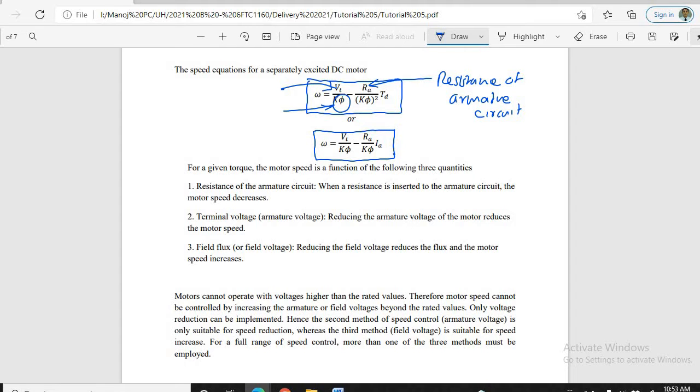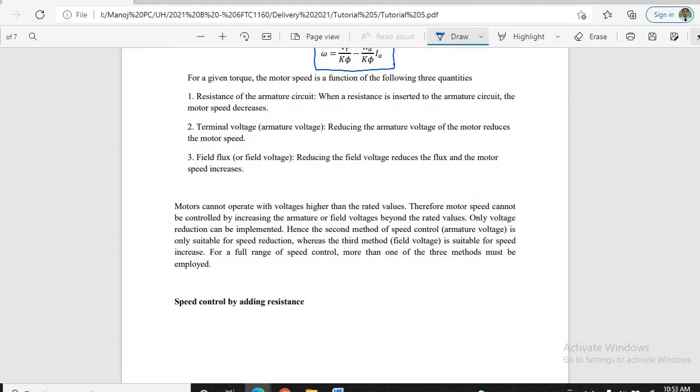From both of these two equations we can derive that. But we need to note a few things. Motors cannot operate with voltages higher than the rated values. That is the fact.